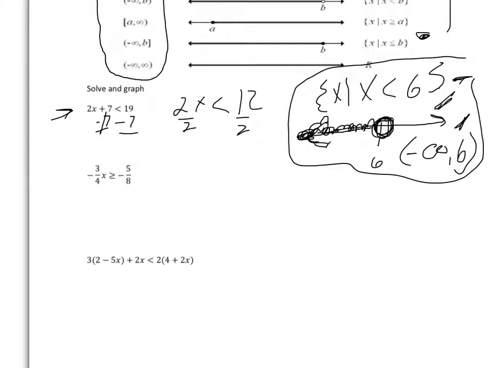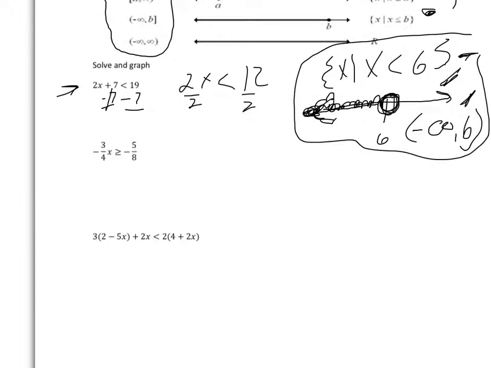So this right here is the set builder notation, this is the graph, and that is the interval notation of that inequality. Okay, so this next one, we need to isolate the x. If we are multiplying by negative 3/4, the way we can undo this is by multiplying both sides by the reciprocal, so negative 4/3. First thing, we're multiplying by a negative, so I'm going to switch the direction of the inequality sign.